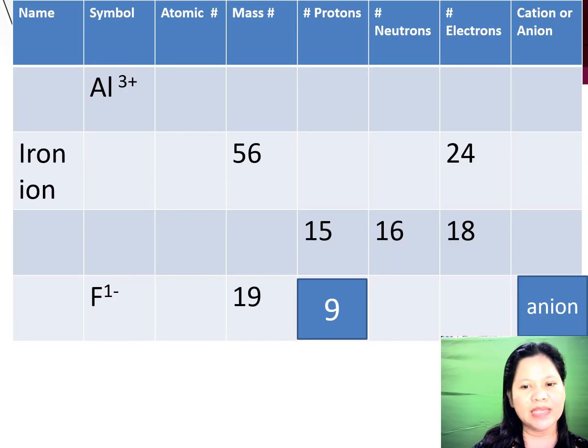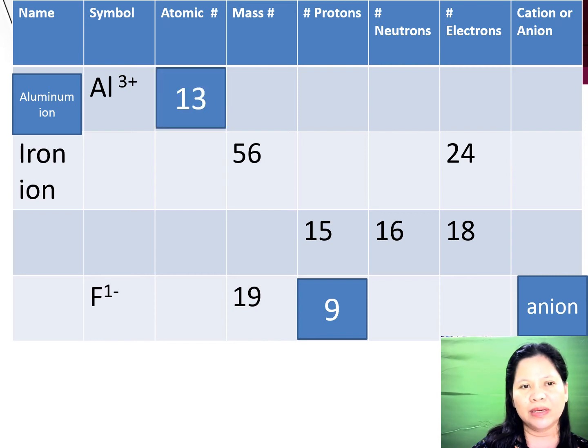Okay. So let's have an example. The given example is aluminum positive 3 ion. So that's the name first, aluminum ion. And then the atomic number is 13.